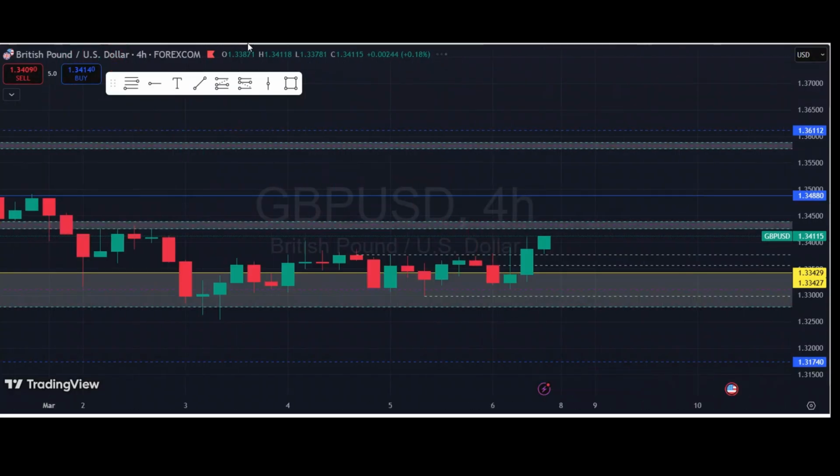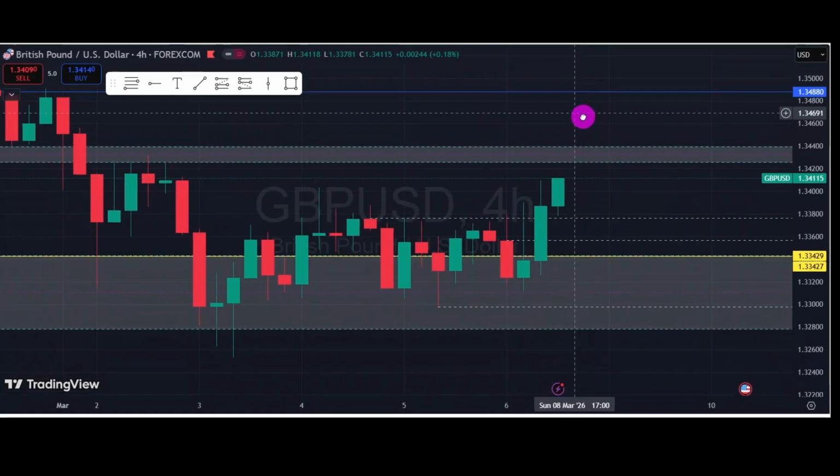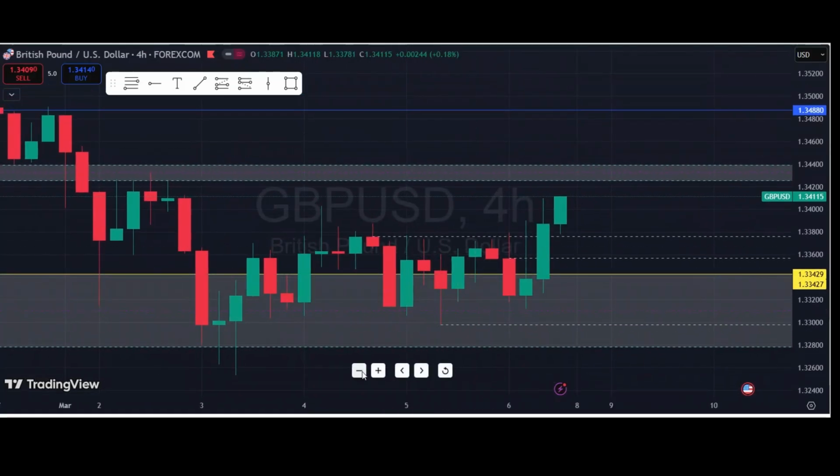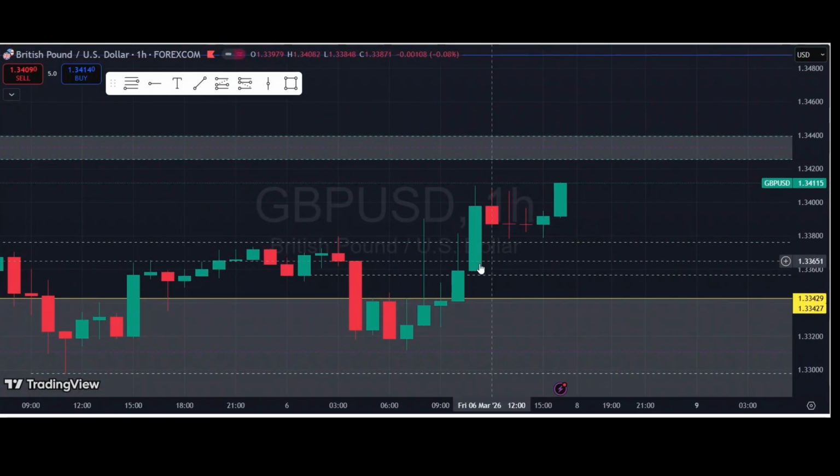Then we won't forget to also mention our key downside reaction zones, or the key level we are looking for reactions, which we've also mapped out using the daily order block at 1.3376. And if it continues, the next one will be on the 4H, as you can see, which is also a fair value gap on the 1H, 1.3356, and also a previous weekly lows at 1.3297.